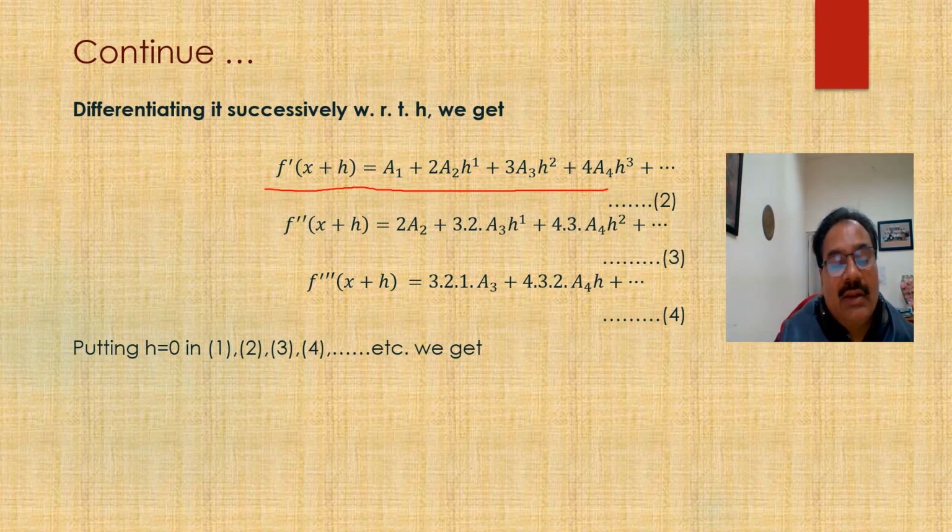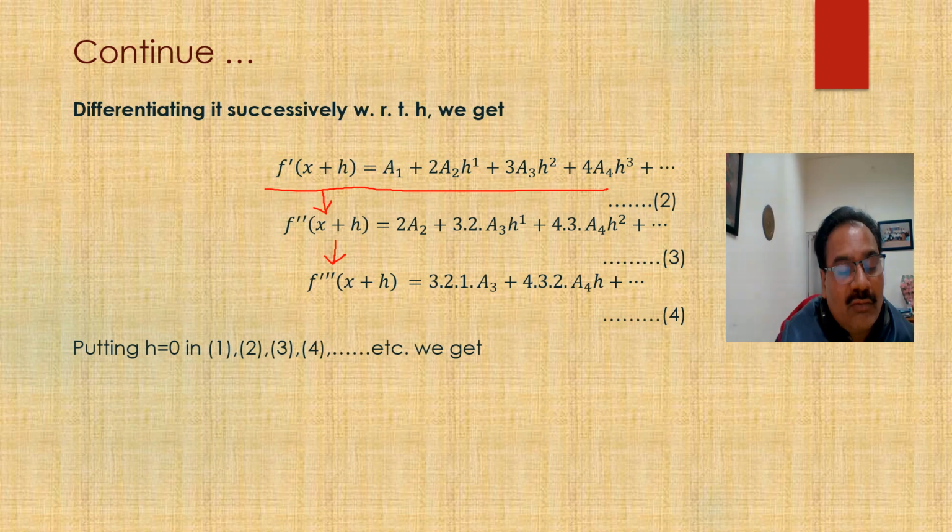Similarly, if you differentiate further, you will get f double dash x plus h is equal to 2 a2 plus 3 into 2 a3 h plus 4 into 3 a4 h square and so on. Repeating the term by term successive differentiation, you will get f triple dash x plus h.